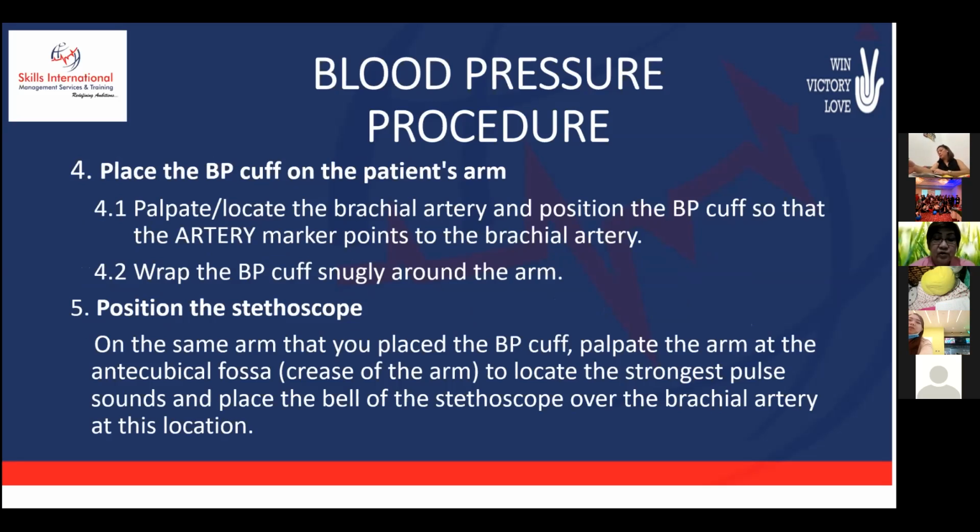Position the stethoscope. Pag napalpate mo na yung brachial artery, kailangan ilagay mo doon yung bell ng stethoscope. The stethoscope has a bell, yung maliit, at doon mo ilalagay sa brachial artery.